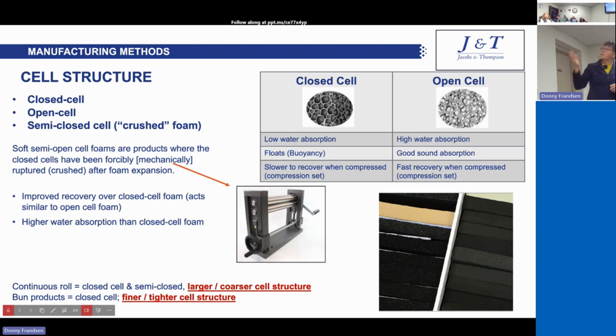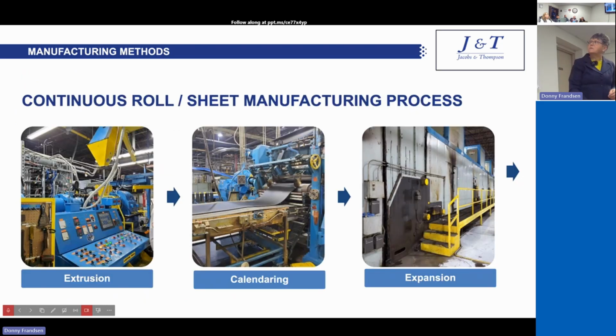There are some advantages for closed cell and open cell. The biggest one for closed cell is water absorption, certainly buoyancy and flotation, and on the open cell side is water absorption. So if you want the water to go through, you would want an open cell foam. So now we've got cell structure and polymer to differentiate some of these foams.